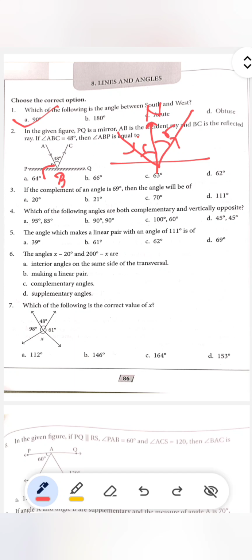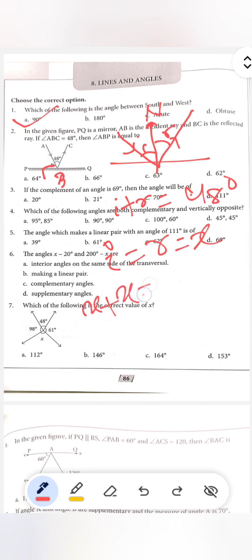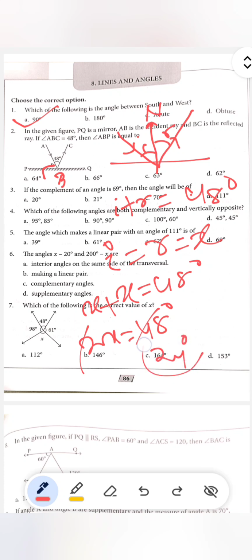Okay, so here it is given that I plus R is equal to 48 degree. As we know that the angle of incidence is equal to the angle of reflection, let both be x, so x plus x is equal to 48 degree and 2x is equal to 48 degree, so x is equal to 24 degree. It means we could say that this angle is equal to 24 degree, and the normal is always 90 degree to the mirror.